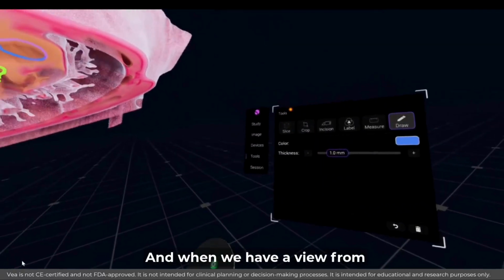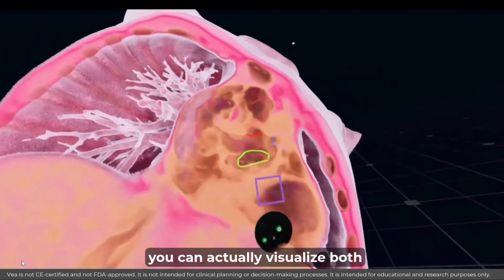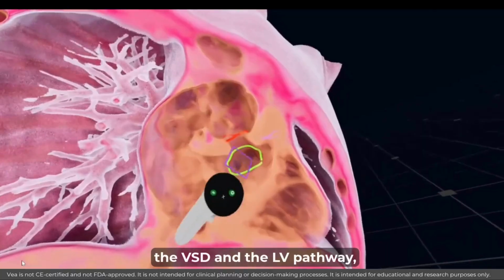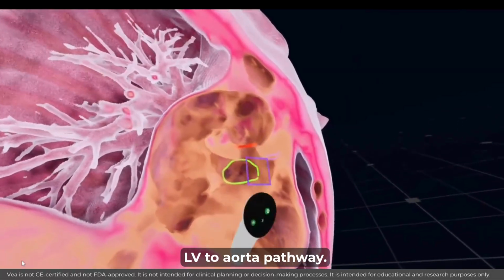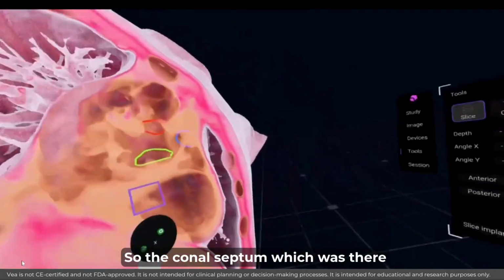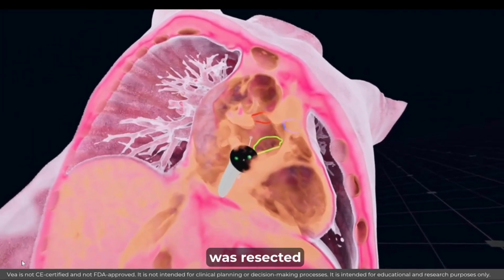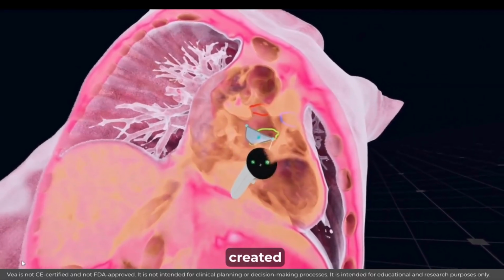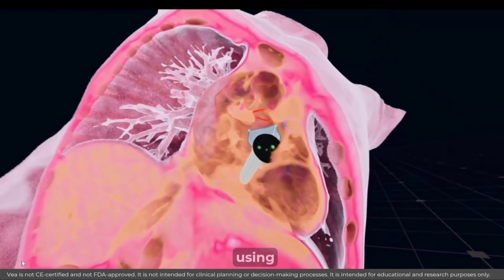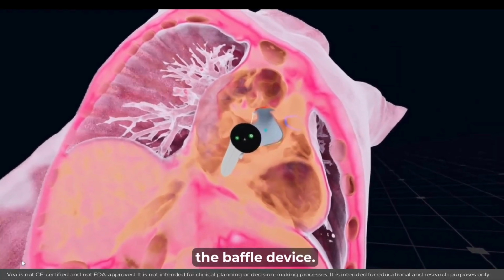And when we have a view from the anterior again, you can actually visualize both the VSD and the LV pathway, LV to aorta pathway. So the conal septum, which was there, was resected a bit, and we created a baffle model using the baffle device.